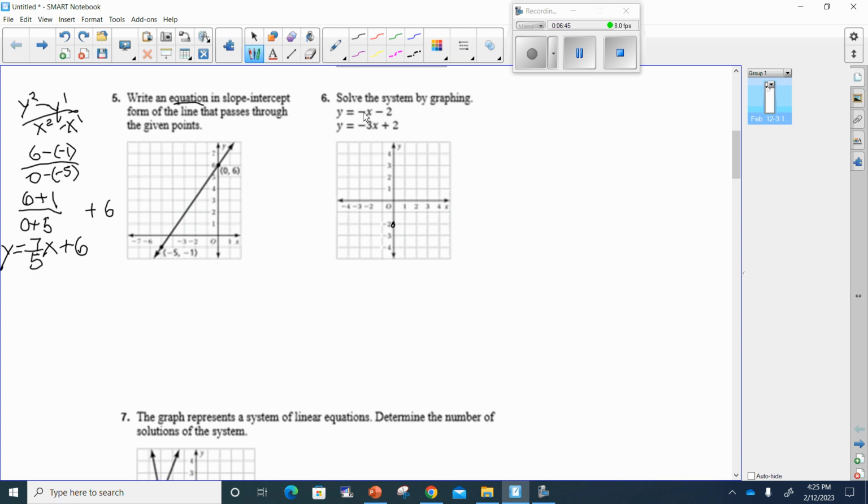And then since it's a negative, it's going down 1 and over 1, right? Going down 1 and over 1. So if I was to put this line here, I think this line would be going right through here. And now the next one says I'm going through positive 2. Oops, sorry about that.